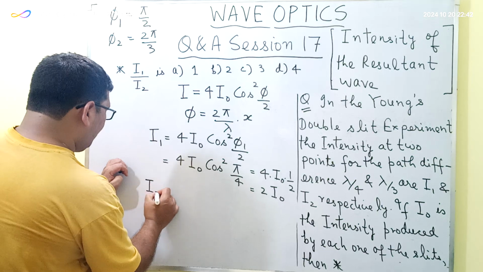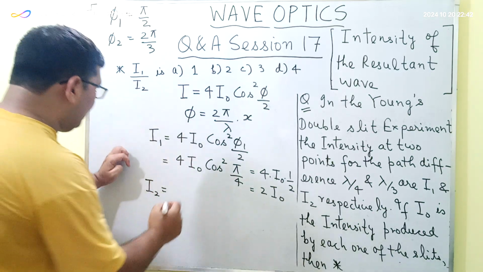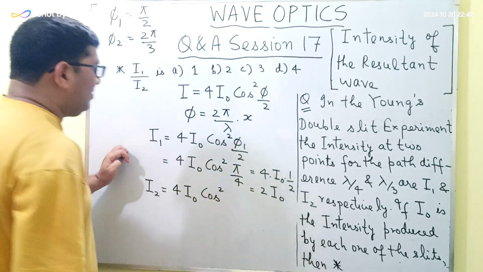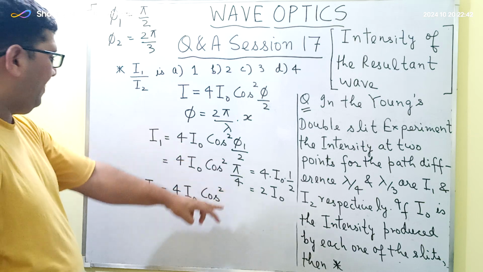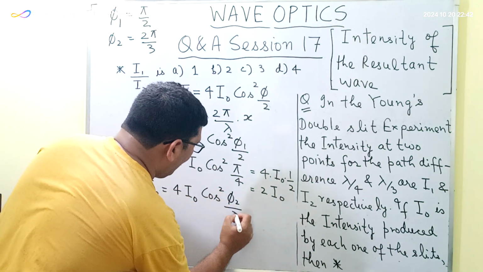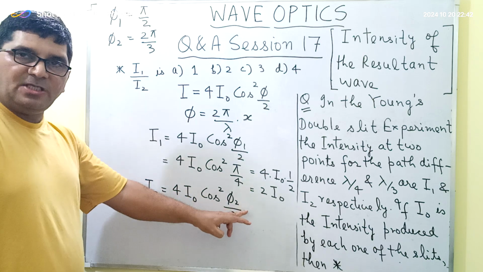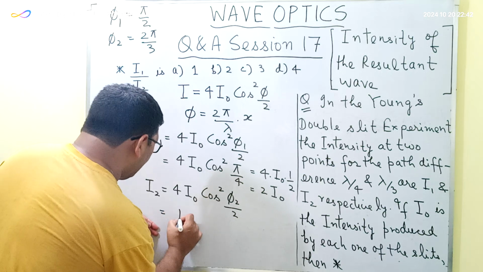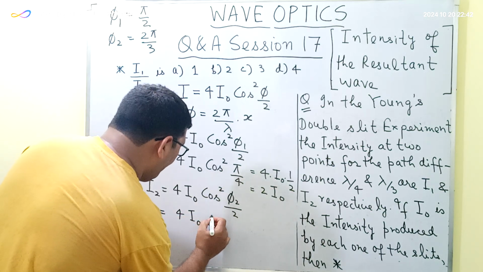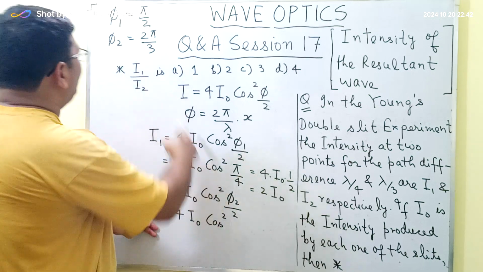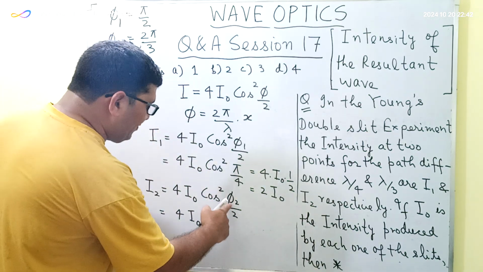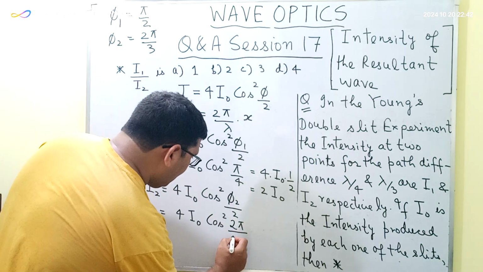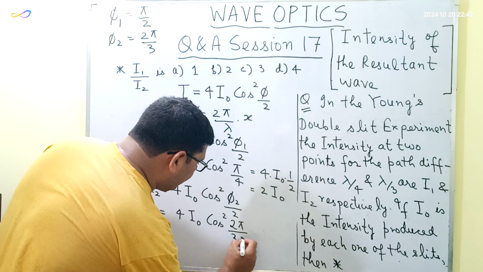Now in the second case, I2 will be equal to 4 times I0 into cos square phi 2 by 2. Now phi 2 is the phase difference. So in the second case, the phase difference is equal to 2 pi by 3. So this will be equal to 4 I0 cos square of 2 pi by 3 into 2.